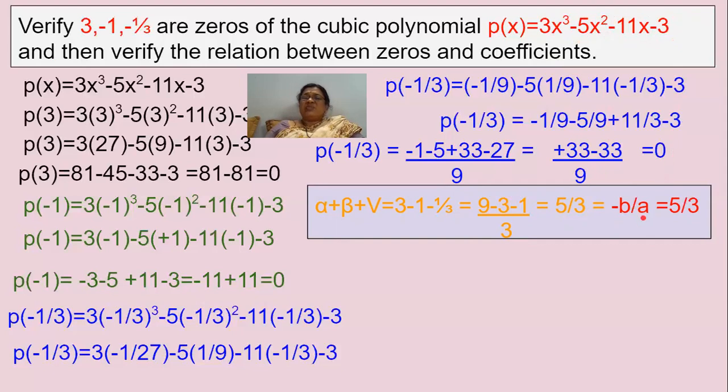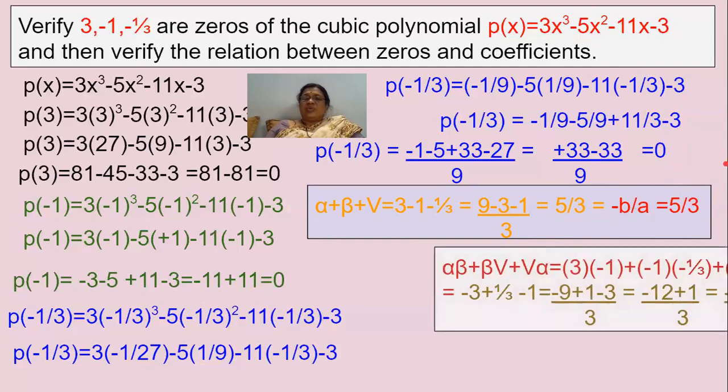So minus b by a means minus of minus 5 by 3. Minus minus will get cancelled, you will get 5 by 3. So here 5 by 3, here also 5 by 3. So the relation is also established between the coefficients and the zeros.